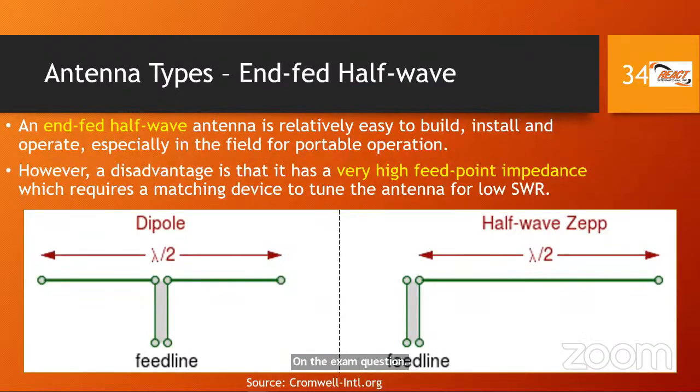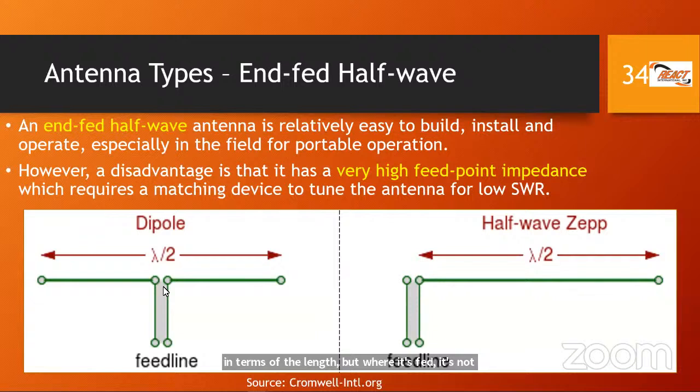Okay, so on the left-hand side, we have our trusty half-wave dipole, which we are familiar with. We have the feed line, we have the feed point, and then we have the 2 elements here, which are each a quarter wavelength long. So we know about the regular dipole. But there's another type of antenna called an end-fed half-wave antenna. It's similar to the dipole in terms of length, but it's not fed at the center.